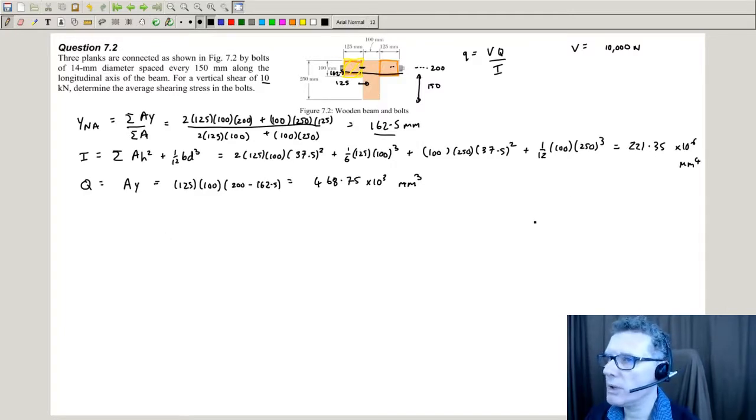Then you've got to think about, for the two sections that we're trying to pull apart, how many bolts are involved? It's actually, strictly speaking, just one.